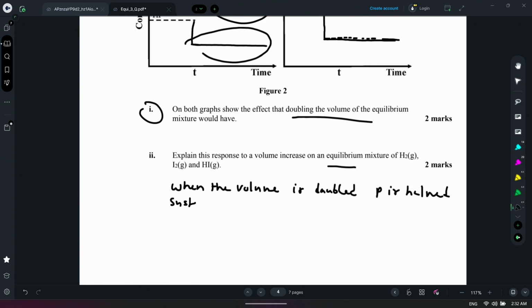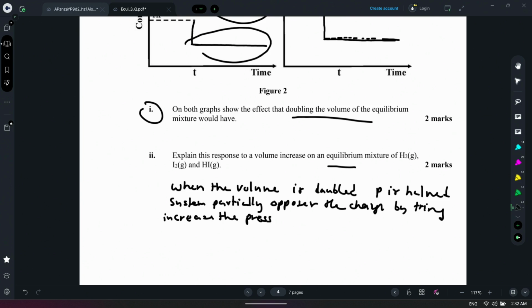The system partially opposes the change by trying to increase the pressure, by favoring the side with more particles, right?